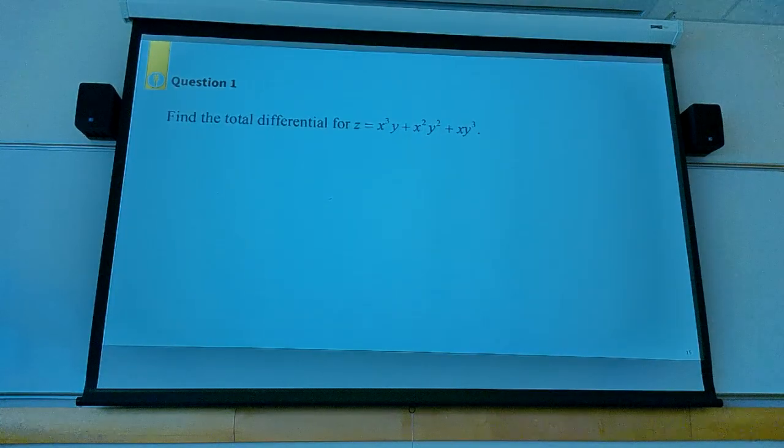Total differential. So the first thing you want to determine: z is a function of how many variables? 2, right?